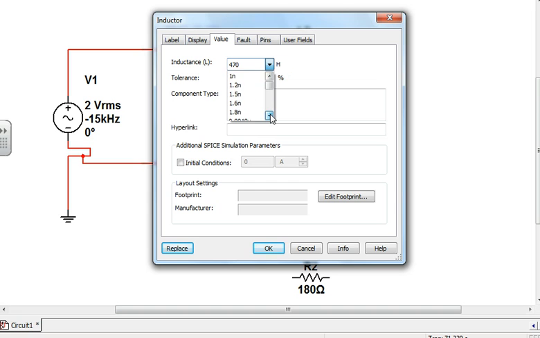I guess I'm going to have to get it. Milli went too far. There it is, 470 micro.